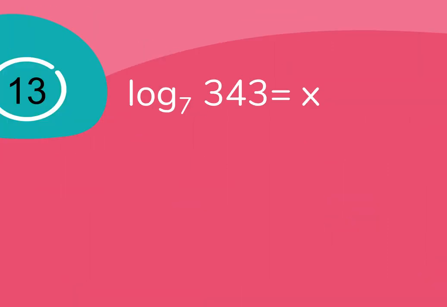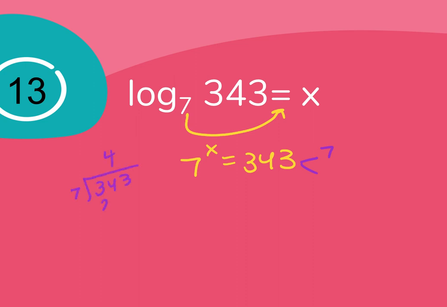All right, log base 7 of 343. So 7 comes over and picks up the x. 7 to the x equals 343. Now you might know what that is, but you might have no idea, which is why we can break it down. So if we break down, 7 goes into 343 forty-nine times, and then 49 is 7 and 7.